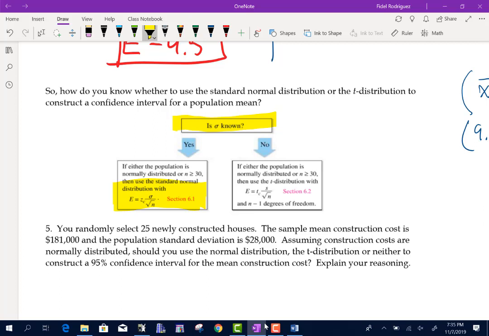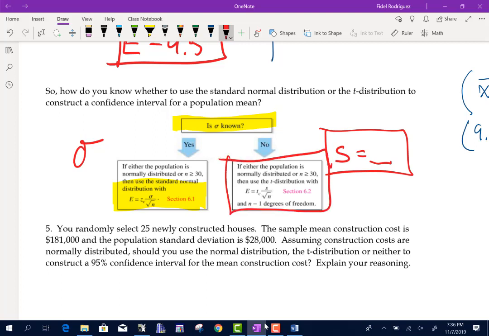If I don't know sigma, then they should be giving me the sample standard deviation, S. I'll know one of those two. If I know sigma, I use this one. If I know S, I use the inverse t function to find that TC value.